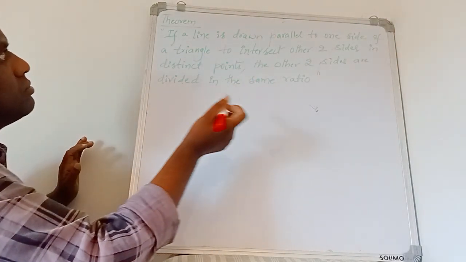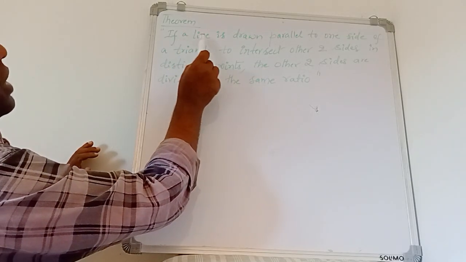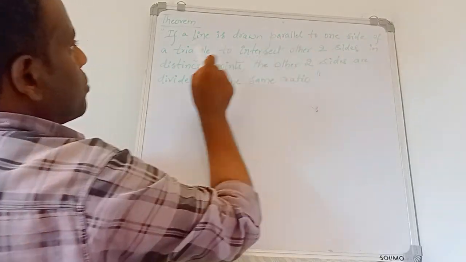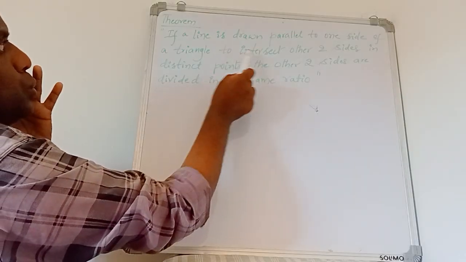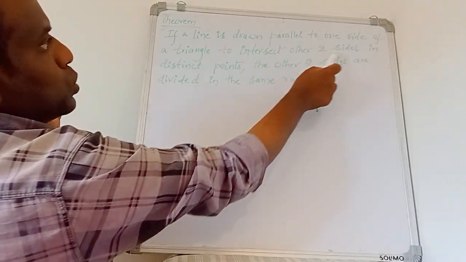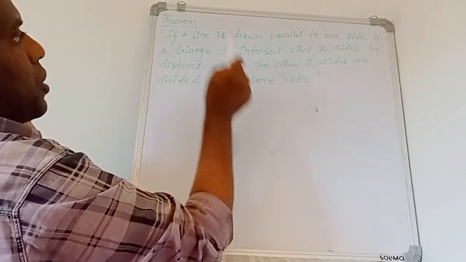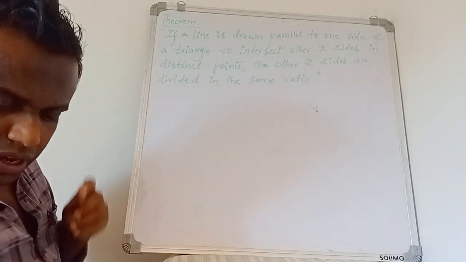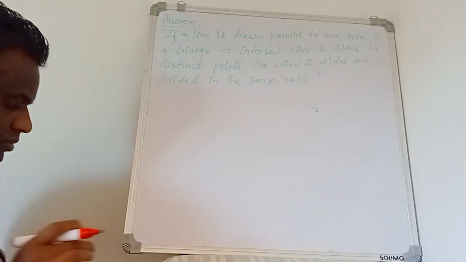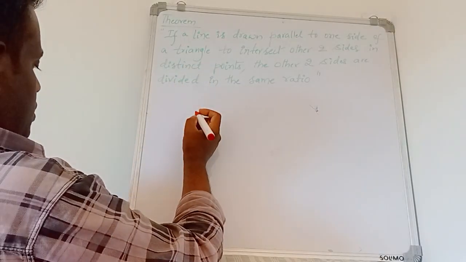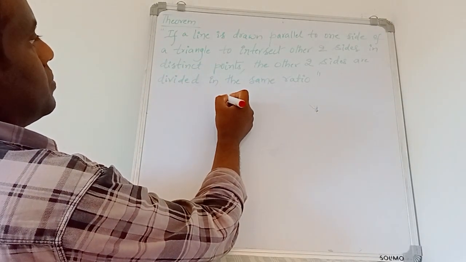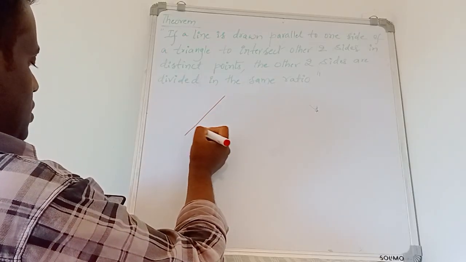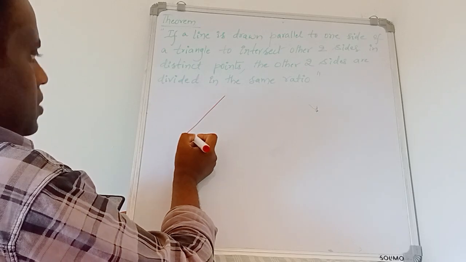So theorem: if a line is drawn parallel to one side of a triangle to intersect the other two sides in distinct points. First I will draw a triangle. Okay, so triangle.